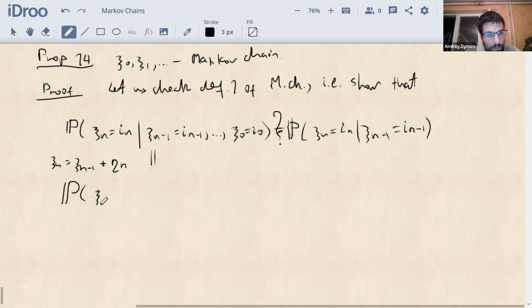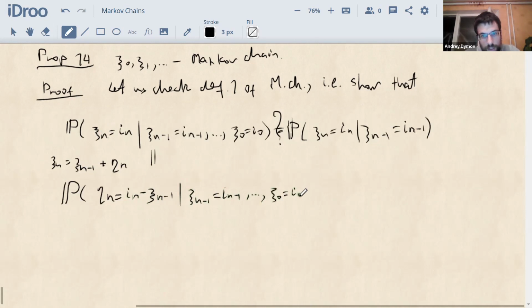Let me write it in more detail: eta_n equals i_n minus xi_{n-1}, right? So I just replaced xi_n by this sum, and I put xi_{n-1} to the right. Conditioning on xi_{n-1} equals i_{n-1}, etc., xi_0 equals i_0.